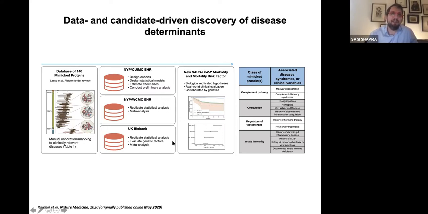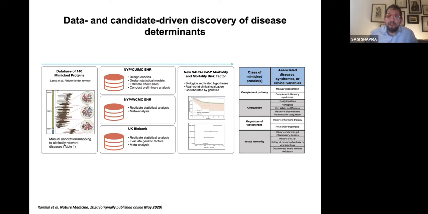At the time when we started this project, we were unfortunate enough that in New York, at least at Columbia, we had something like 11 or 12,000 patients. This was, I would guess, in March or April.